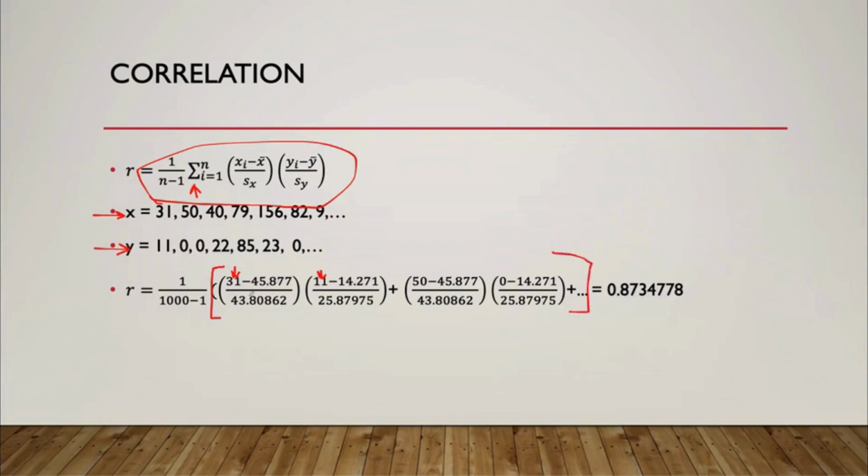Then we go down each row and we find each variable of interest. And then we have the standard deviation here, so our SX and SY. So plug all those in, and we multiply these two results together, next row, and continue to do that. So as you can see, sigma notation is a lot cleaner, but maybe not as clear.